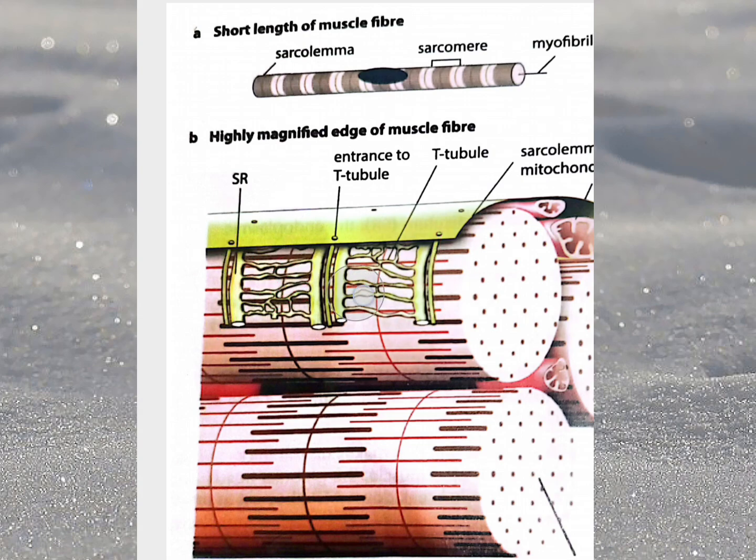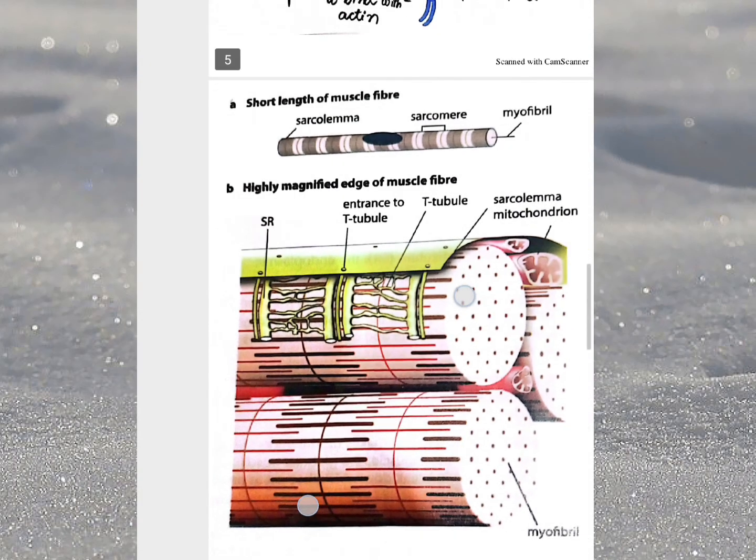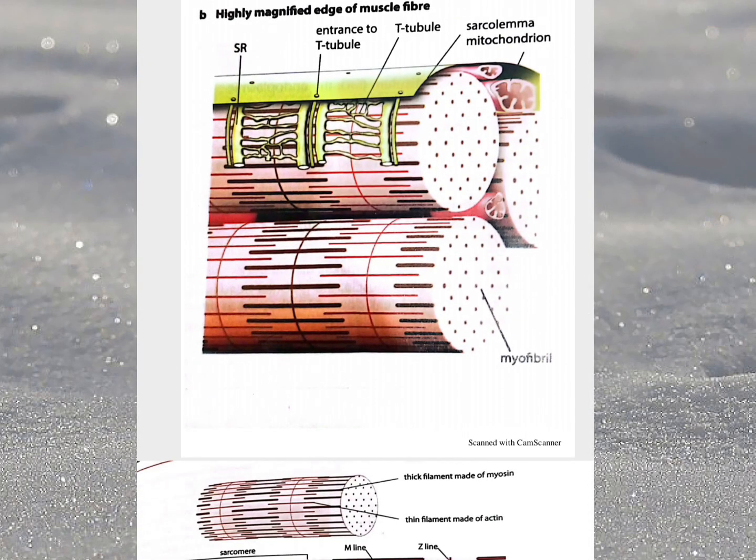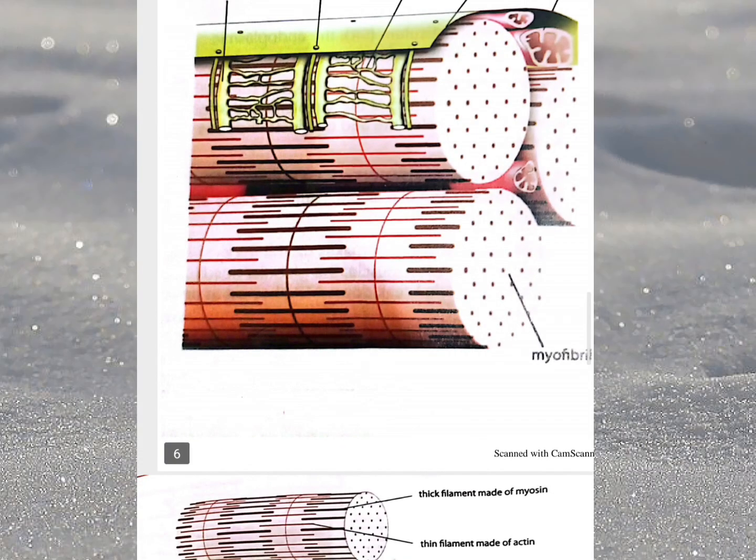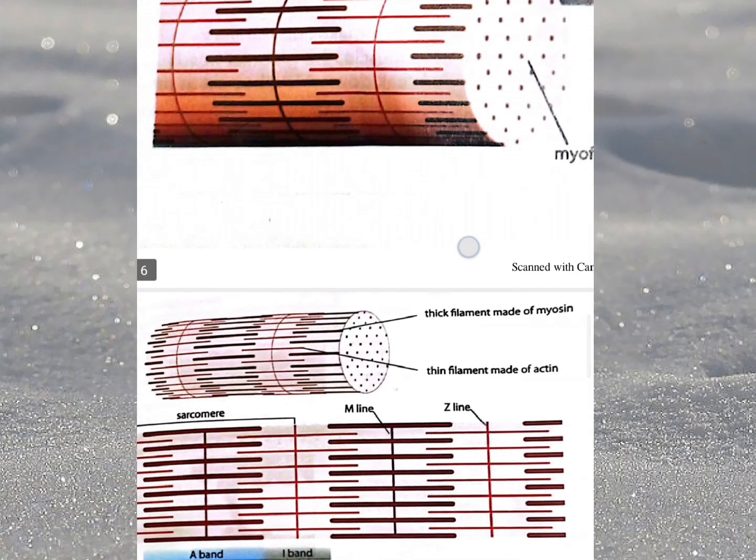And what is the function of T-tubule? The function is when an action potential arrives at sarcolemma, then the sarcolemma depolarizes first. Now the action potential is traveling downward through the T-tubule. So that's why there is an invagination just like T-tubule.